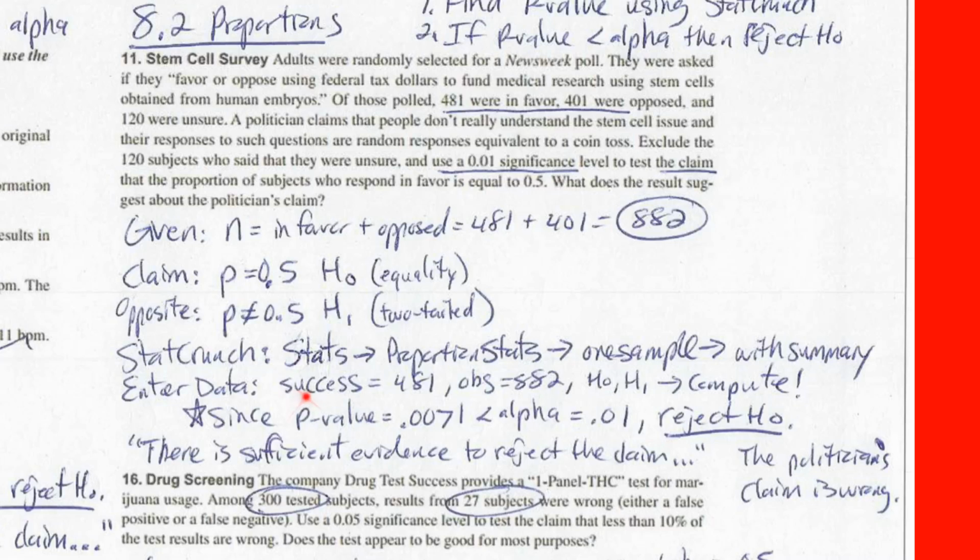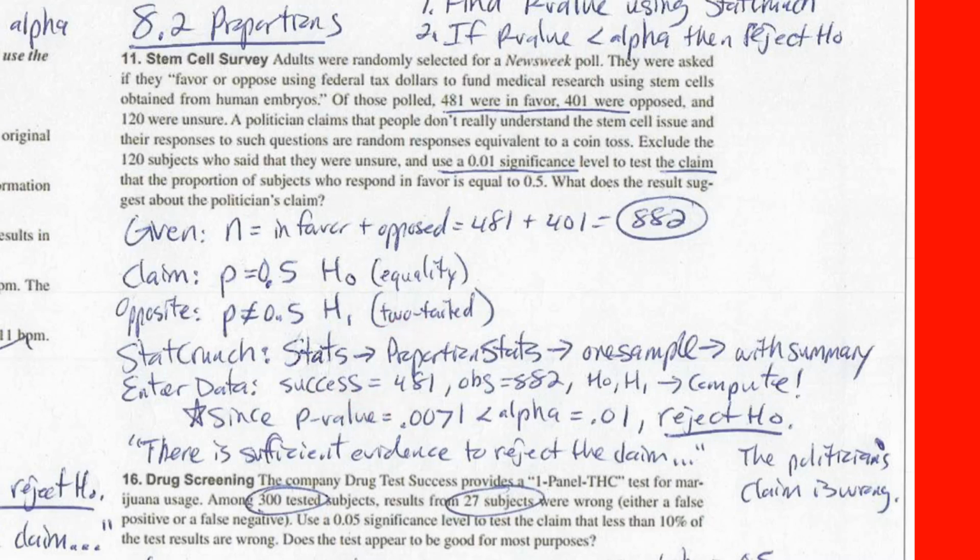So enter data. Once it pops up, it's going to ask you for successes, 481. Total observations, 882. You make sure your H0 is equal to 0.05, and then you have the not equal to. This is what you have to choose. Between less than and greater than and this, you're going to choose this one because it's a two-tail test.